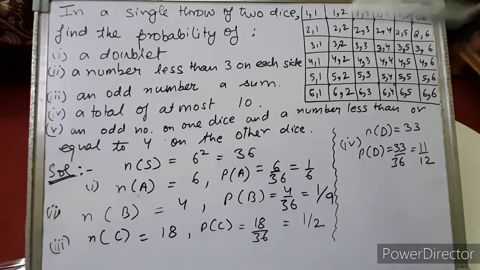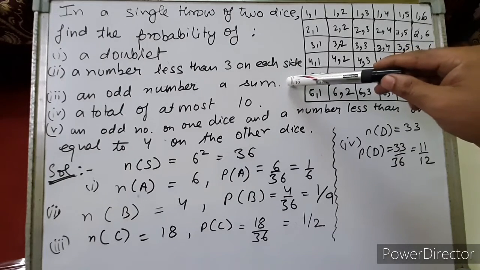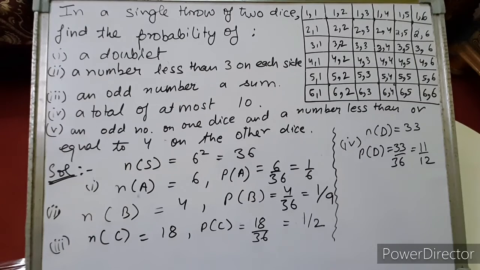Let's see about C. In the third point, they are saying you find the probability of an odd number as a sum. That means we have to calculate odd number as the sum. Let's see where we are getting an odd number as a sum. 3, 5, 7.